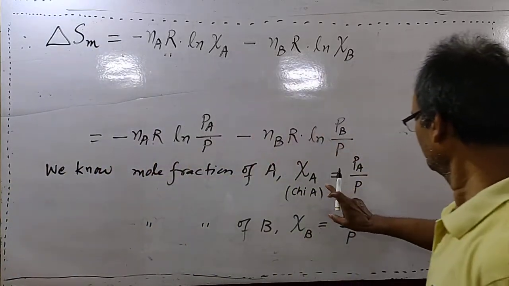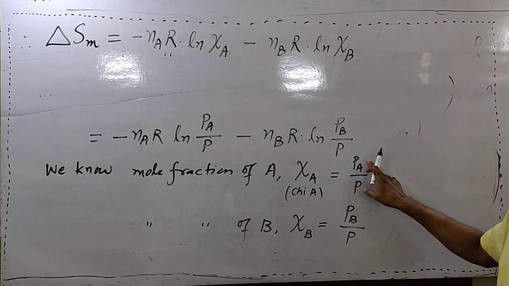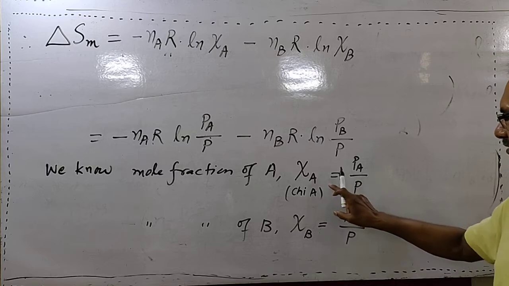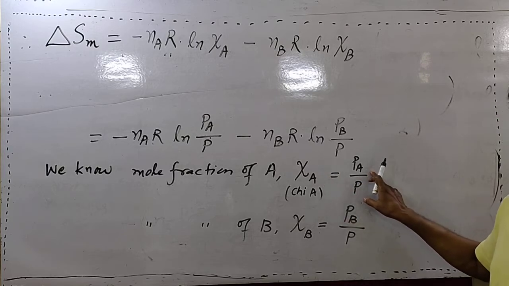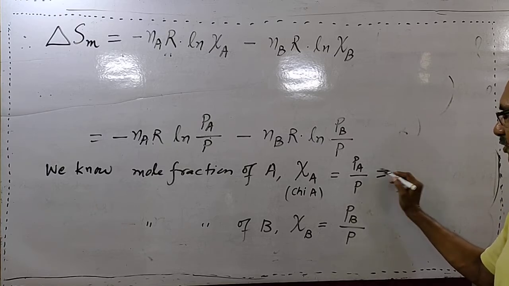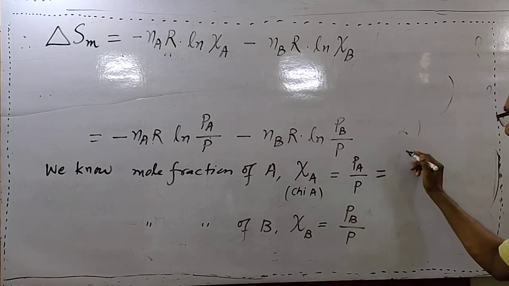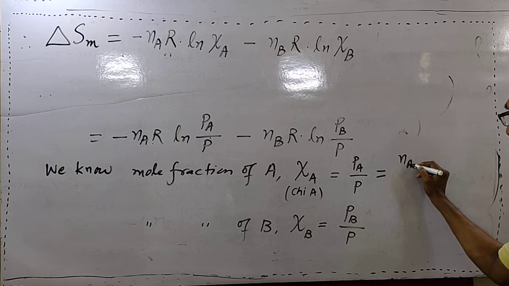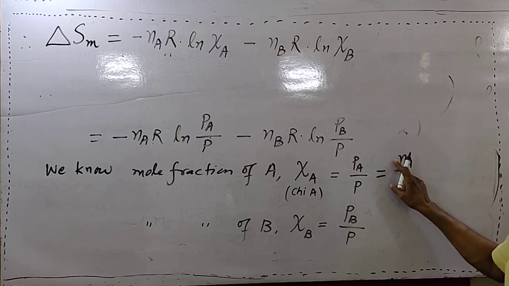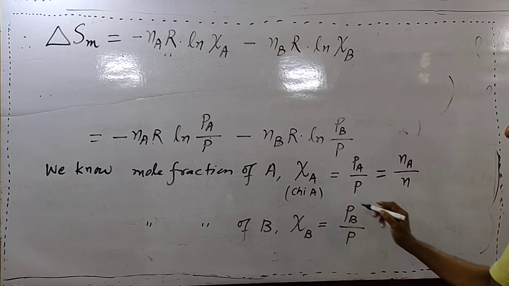Again, in terms of partial pressure, the mole fraction is Pa by P, but in terms of number of moles, this is equal to number of moles of A divided by total mole.